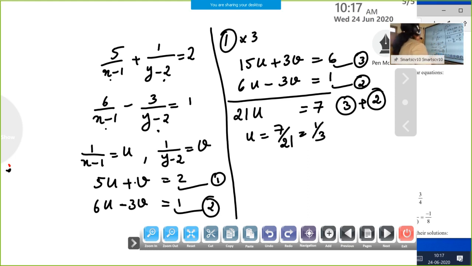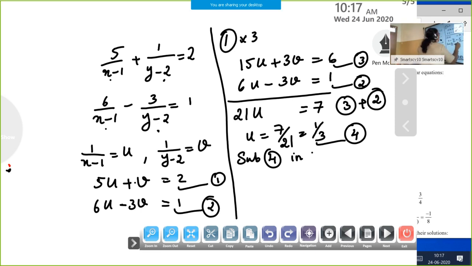Then substituting the value of u in equation 1, or 2 or 3, any equation. In equation 1, instead of u, you write 1 by 3.